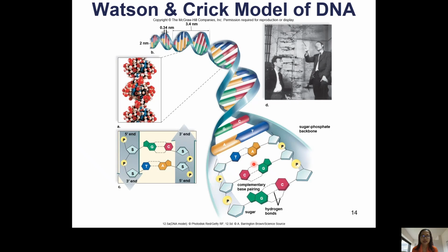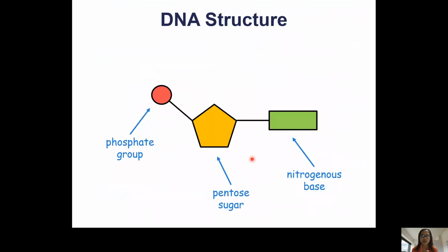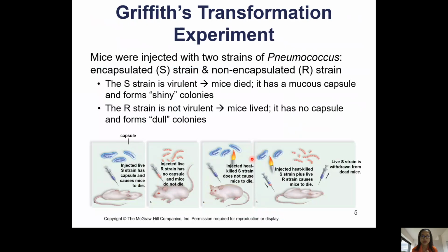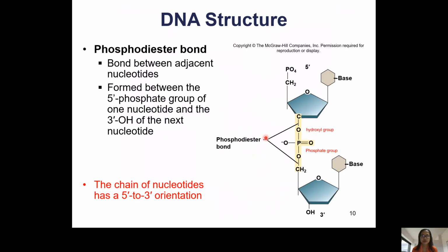Yeah, of course. Remember, maybe I will show you this picture first, just to remind you. Not this one. This one, okay? Phosphodiester bond is a chemical bond that connects one nucleotide to the adjacent nucleotide.